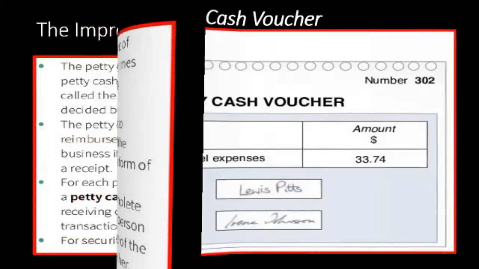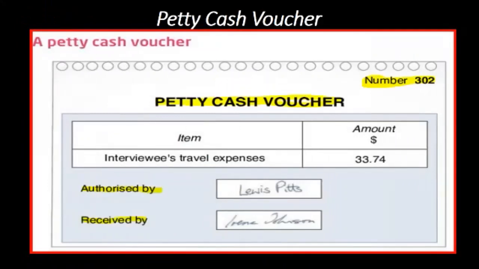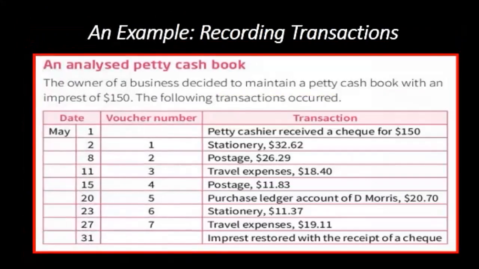Right. We want to look at some transactions. We have here an example. The owner of a business decided to maintain a petty cash book with an imprest of $150. The following transactions occurred.